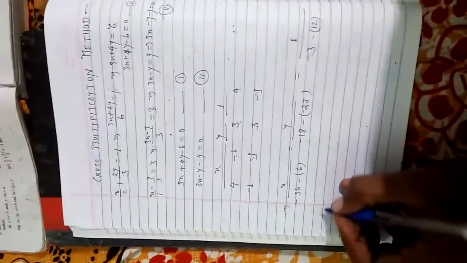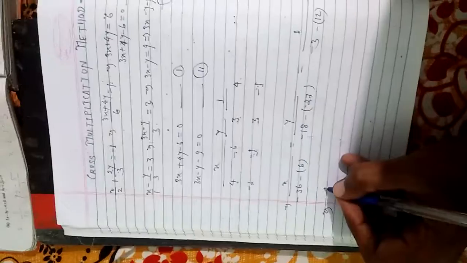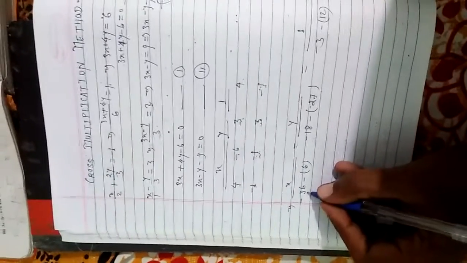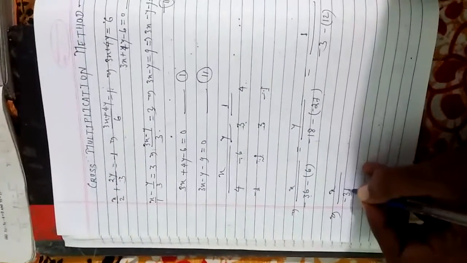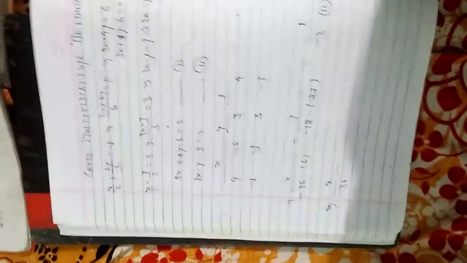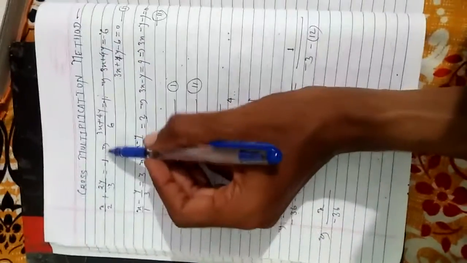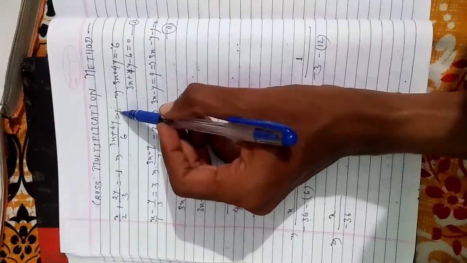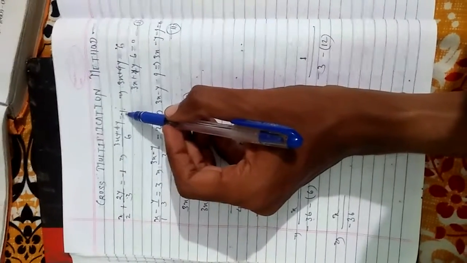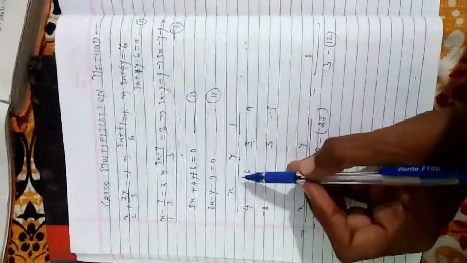So this is the next term, x minus 36. Actually, sorry for that, I made one mistake. Here there is a minus, but before that I didn't write down the minus, so we have to make some changes here.